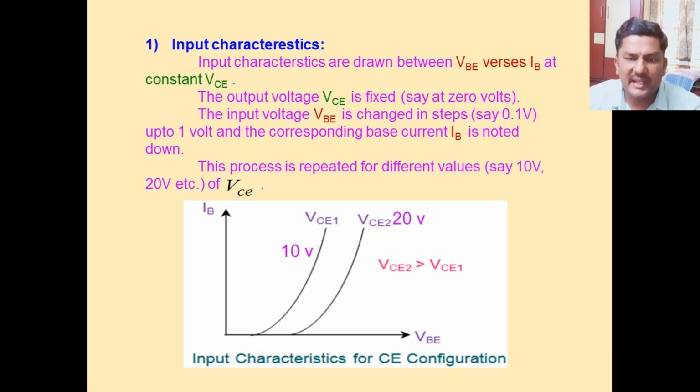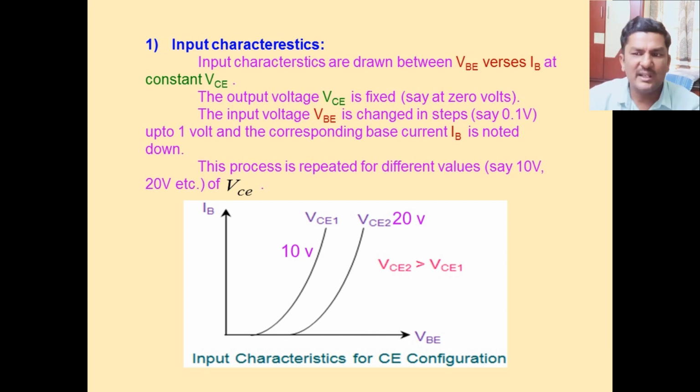Now the input characteristics of NPN transistor in common emitter configuration. Input characteristics are nothing but the graph between VBE and IB at constant VCE. The output voltage VCE is fixed, whatever it may be, 0 volts or 10 volts or 20 volts, like that.